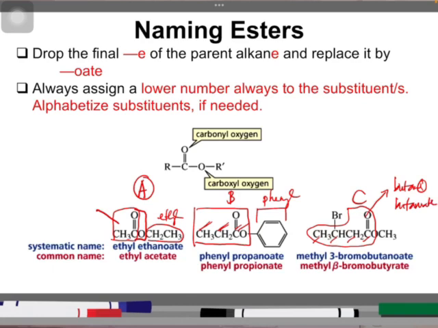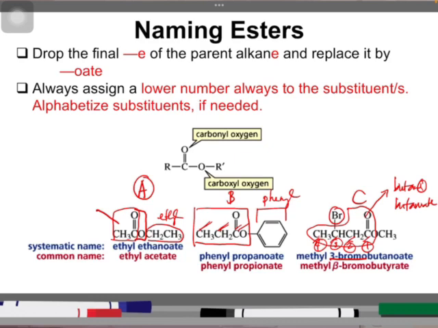And, bakit may 3-bromo? Kasi nga, sabi natin, ang assignment ng number natin ay magsa-start from the carbonyl carbon. So, this one is 1, 2, 3, 4. So, yung numbering direction natin ay palayo dun sa C double bond O. And at carbon number 3 of the butanoate, meron kang bromo na nakakabit. So, that's called 3-bromobutanoate.